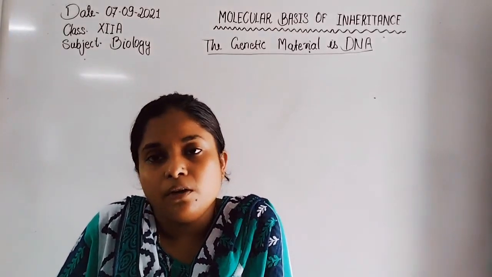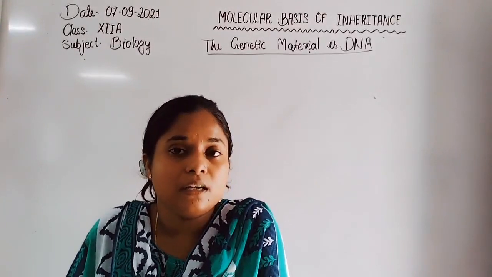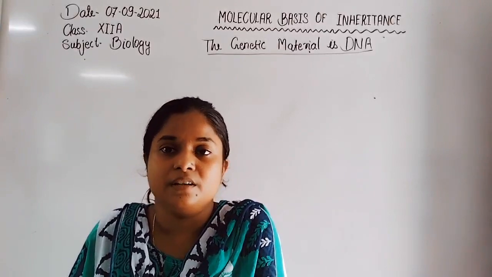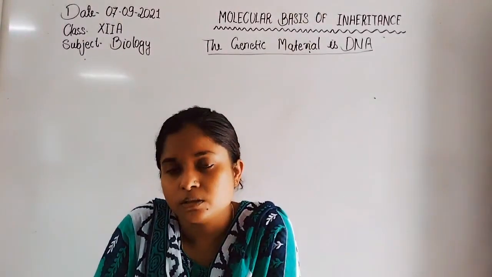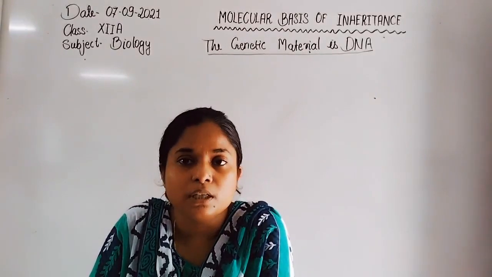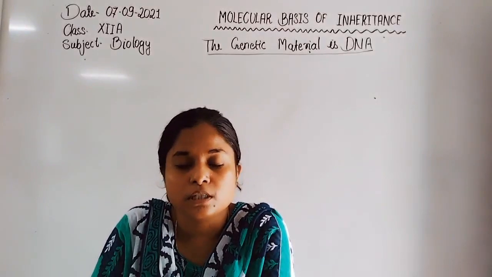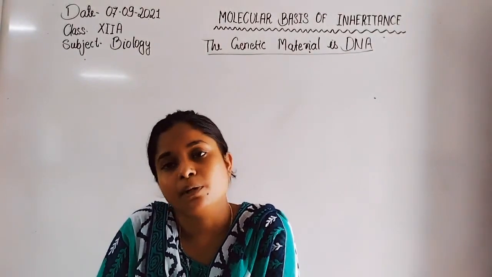After the biochemical characterization, they identified that DNA is that material. Due to the presence of DNA, the R form is able to transform itself into the S form. But most scientists were not satisfied with the experiment done by these three scientists.